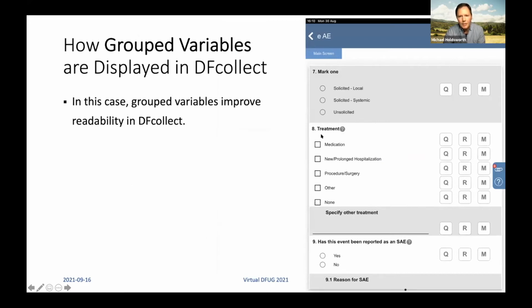You can see that these various treatment options are grouped neatly under one heading called treatment. And if you click on the question mark, it will remind the user to mark all that applies. And then they can see the different treatment options and they can mark the relevant treatment options. And I think this looks much better than previously.